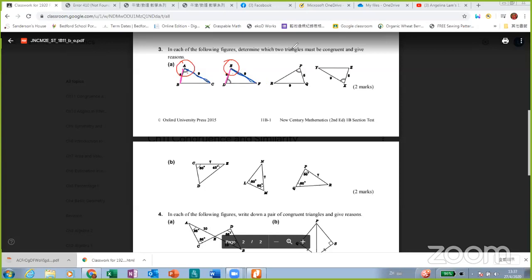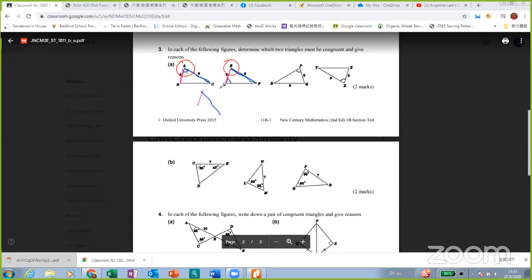Therefore, it can be the case that I can have a triangle in this way, 5 units. But because I don't have information about angle A and angle E, I can have 9 units in this way.